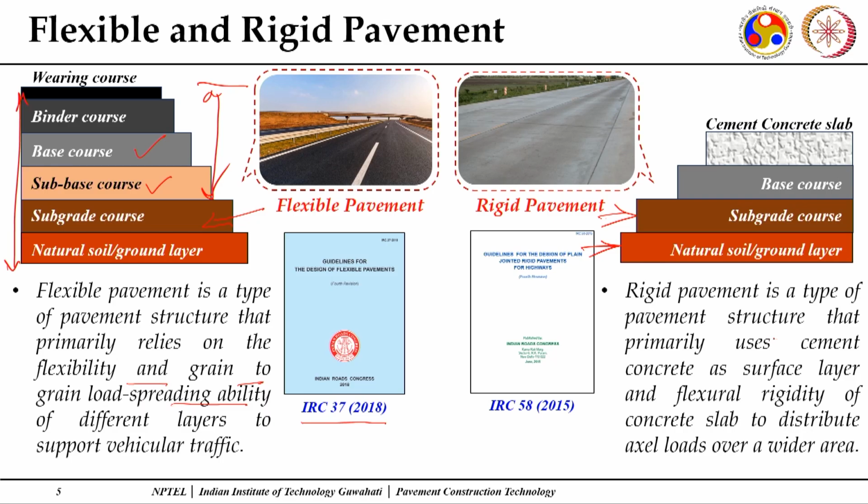Rigid pavement is a pavement structure that primarily uses cement concrete as a surface course. Flexural rigidity is quite high, and since its flexural rigidity is high, it distributes the load over a wider area compared to flexible pavement, where the transfer is through the aggregate contacts, or what we say as grain to grain transfer.